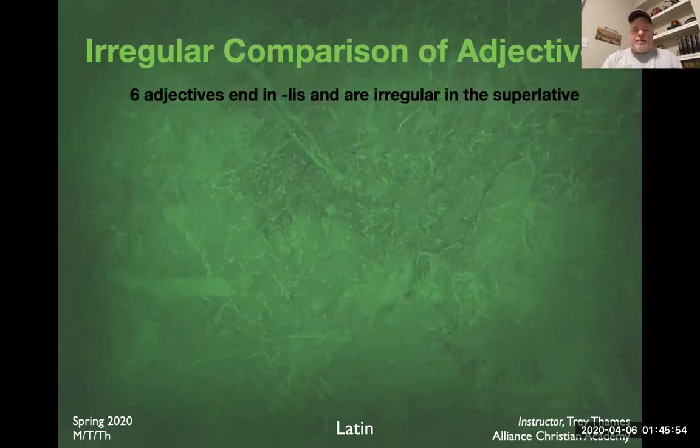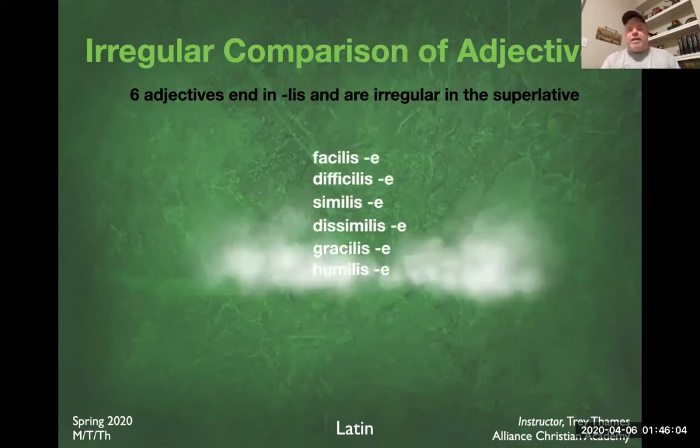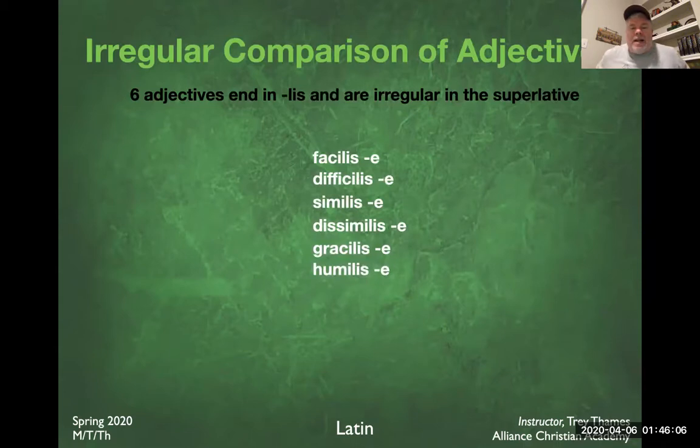Now, there are 6 adjectives, there's only 6 of them, that end in -lis and are irregular in the superlative form. And here's a list of them. Facilis, facile, meaning easy. Difficilis, difficile, meaning difficult. So you have easy and difficult. It's easy to remember.